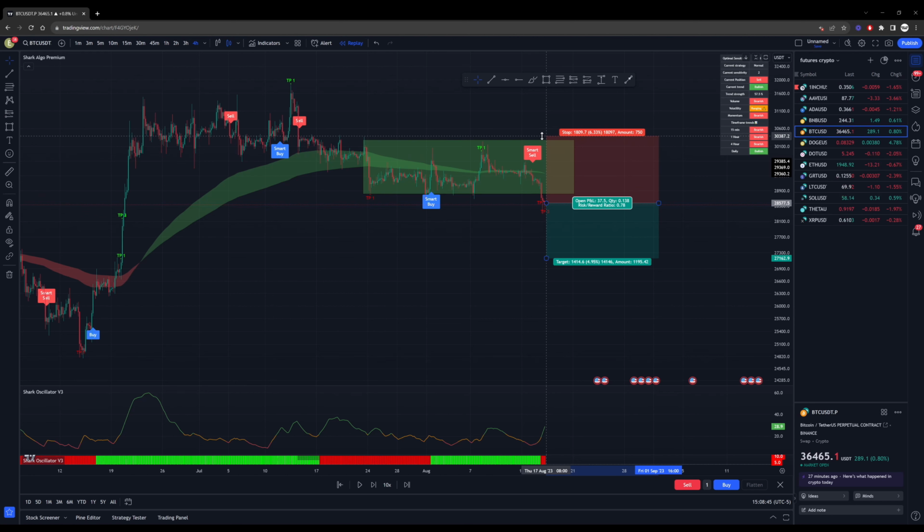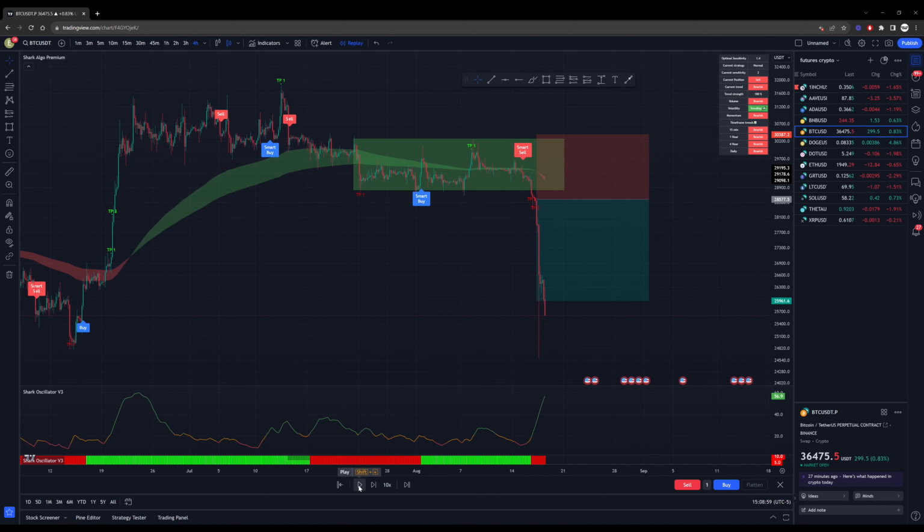And then you want to target a 1-to-1 ratio or a 1.5 ratio. It's really up to you, something like this, for example. And as you can see, the price went down, and this was a breakout strategy that ended up hitting our take profit extremely fast. Let me show you a few more examples so you understand exactly how this strategy works.